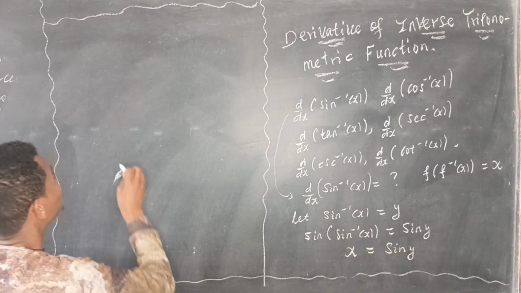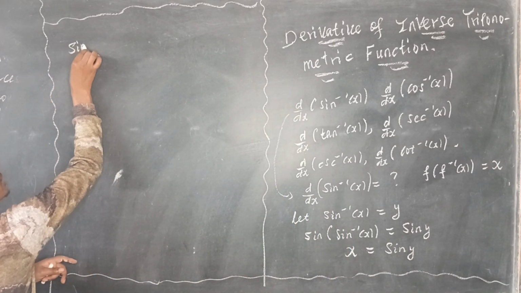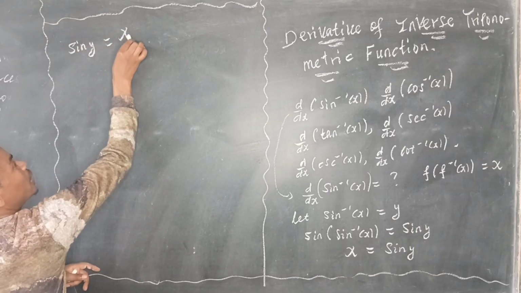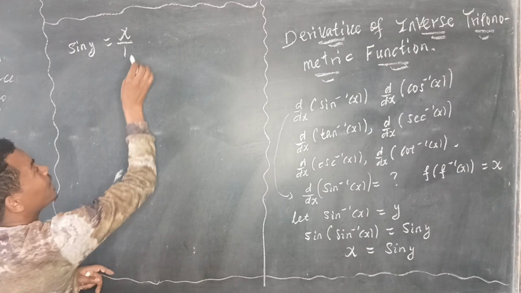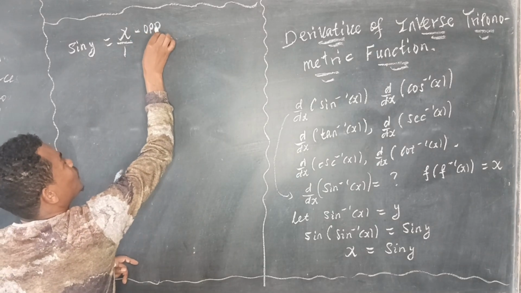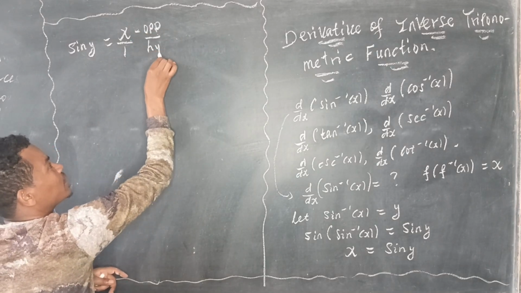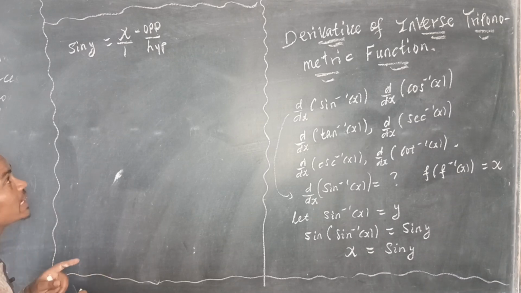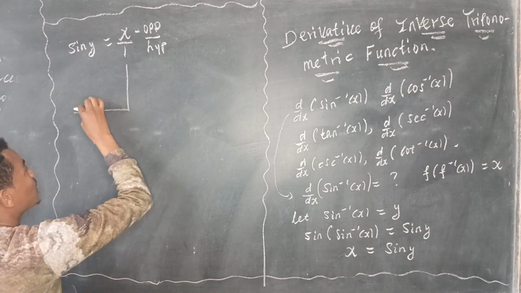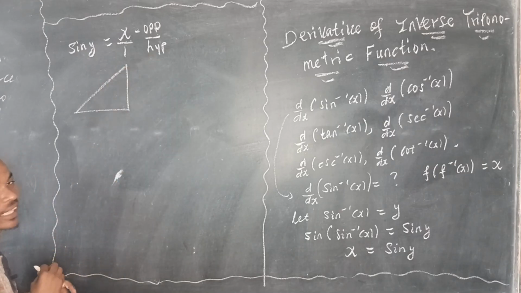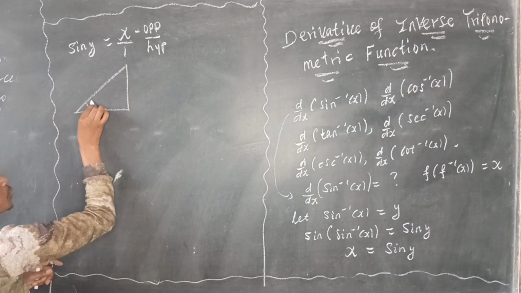That means sine y is equal to x, that is x over 1, opposite side over hypotenuse. Now let's consider a right angle triangle with angle y.